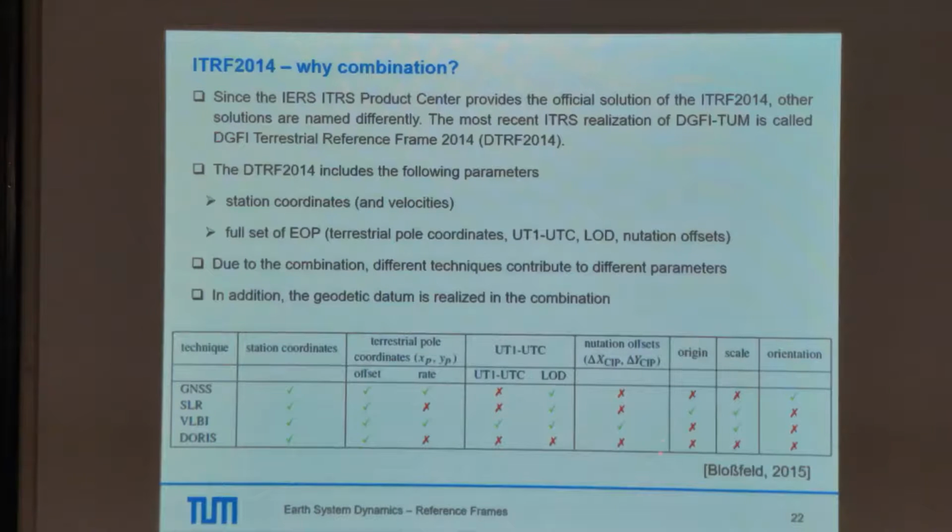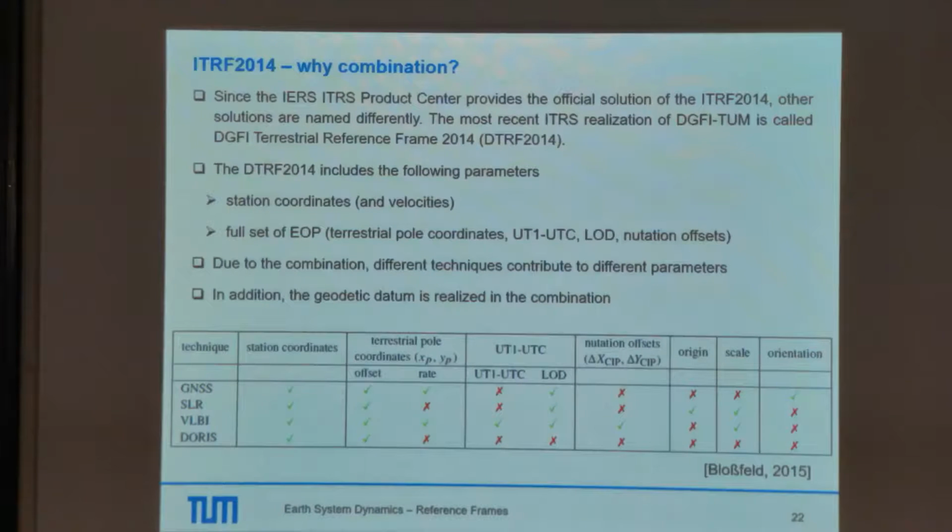For the origin, we learned that SLR is the only technique to realize the origin. The scale is a weighted mean of SLR and VLBI, and the orientation is realized by GNSS. This is a special setup in the DGFI solution, because we have the GNSS network, which is a really dense global network.